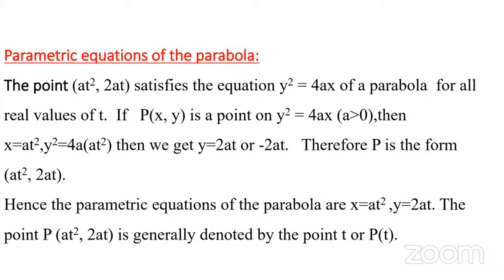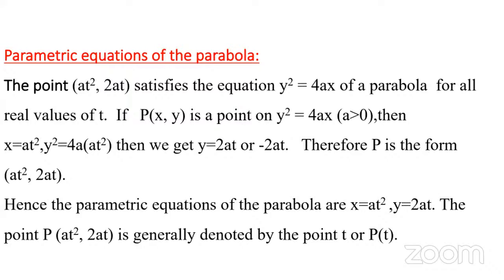If P(x, y) is a point on y square equal to 4ax, a greater than 0, then x equal to at square, and y square equal to 4a of at square, so y equal to plus or minus 2at.